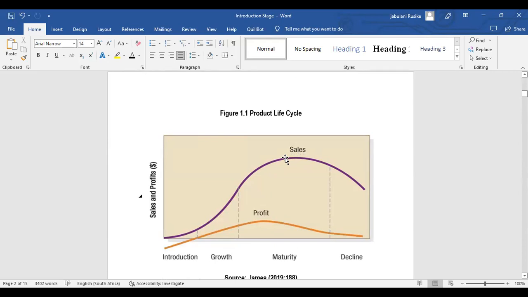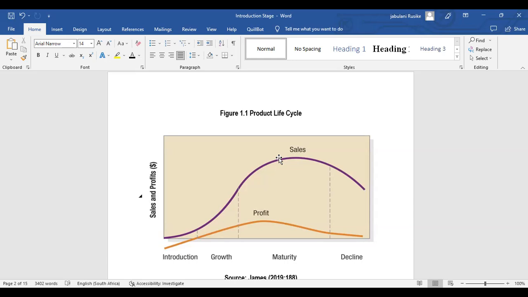The company established the market share in the growth stage, and now at the maturity stage, the company is trying to maintain that market share, because already you have customers here. The customers are buying your products. They now know your products very well.